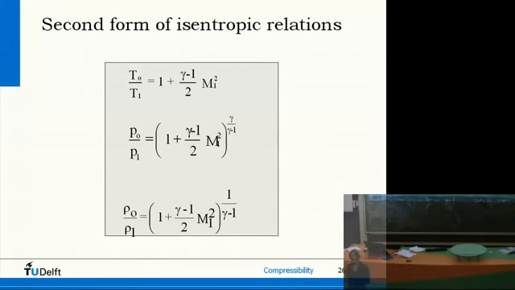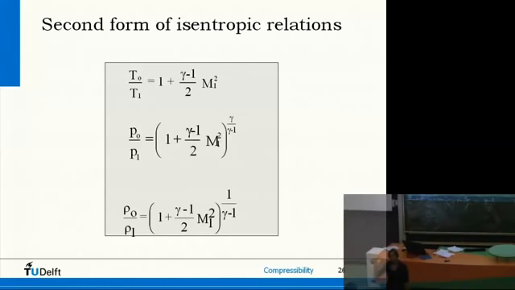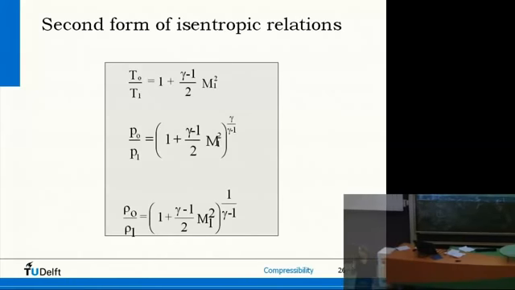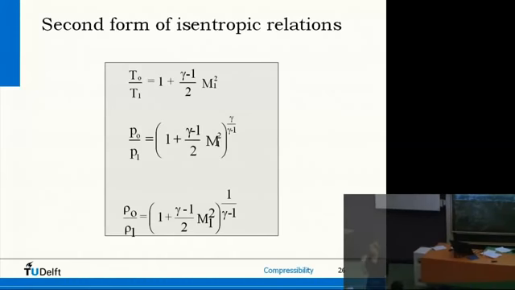The only tedious step is these specific constants reworking I did on the blackboard. But if you remember that you have to start from this energy, h is e plus pv, and you have to work your way to find a relation for Cp as a function of R, I think you should be fine. Should be. If you practice lots.